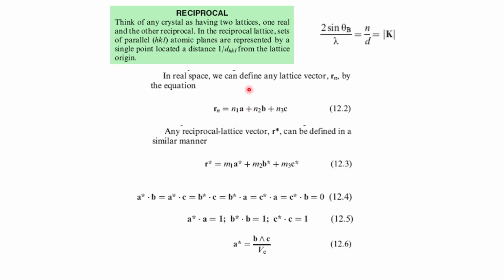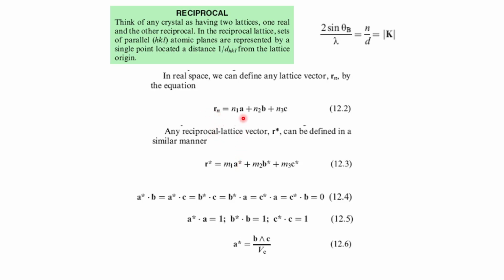In the reciprocal lattice, the set of HKL atomic planes is represented by a single point located at a distance 1 by d HKL from the lattice origin. So basically your reciprocal lattice vectors are perpendicular to your real lattice vectors.